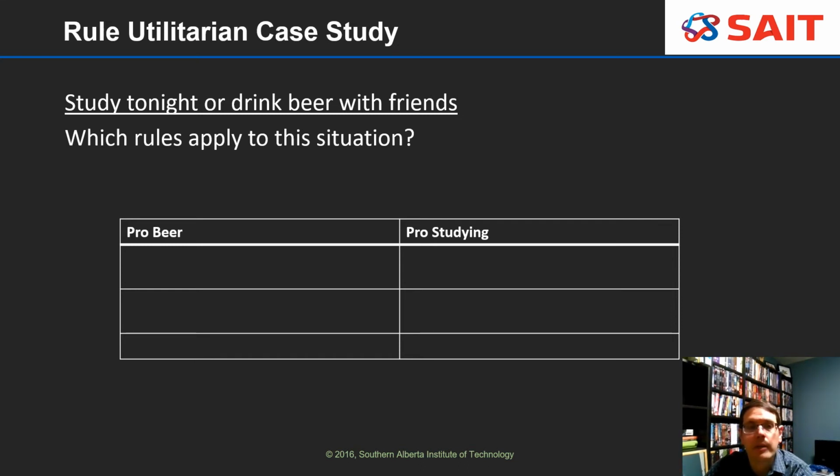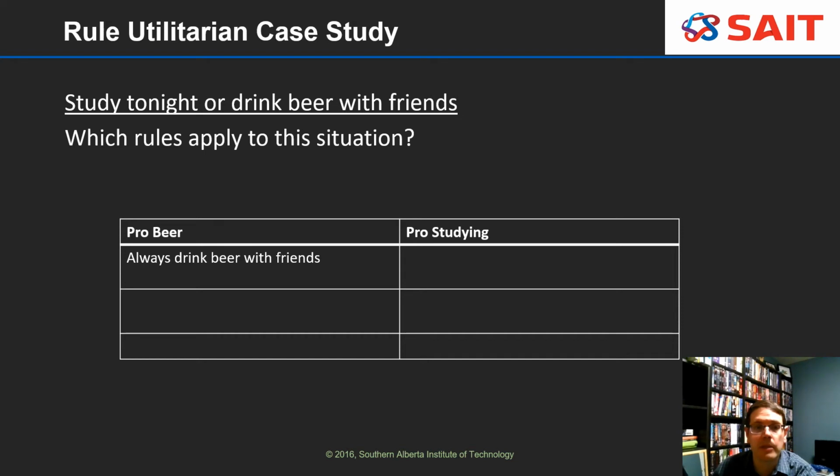For this scenario, the decision you're faced with is whether to study first and then go drinking with your friends, or to go drinking with your friends and then study tonight. In other words, study or drink beer. Our first step is to figure out which rules we can apply to the situation.